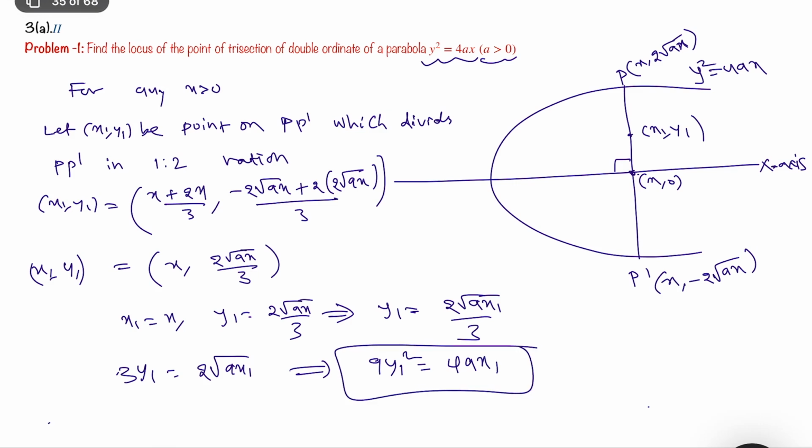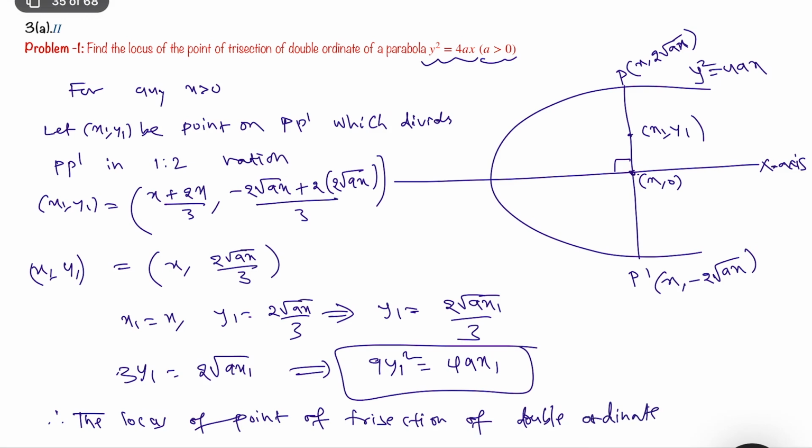Therefore the locus of the point of trisection of the double ordinate is going to be 9y square equal to 4ax, which is again a parabola. Fine.